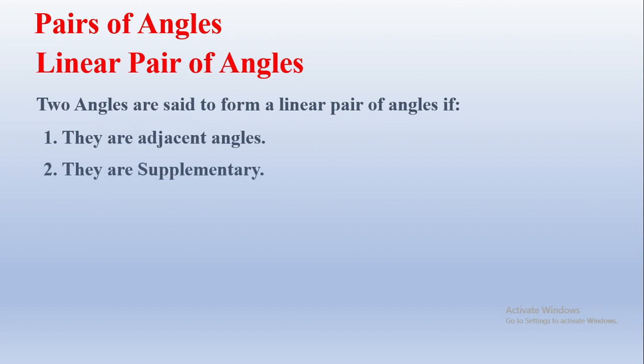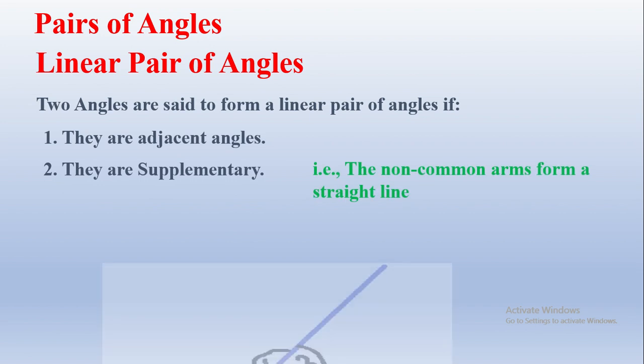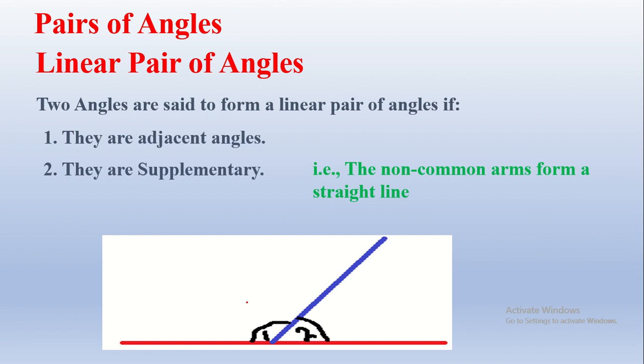That means their sum is 180 degrees, or we can say their non-common arms form a straight line. So we are having this angle 1 and angle 2 as an adjacent pair of angles, and their non-common arms are forming a straight line, so it means their sum is 180. It means they are a supplementary pair of angles. Thus, two angles are said to form a linear pair of angles if they are adjacent as well as supplementary.